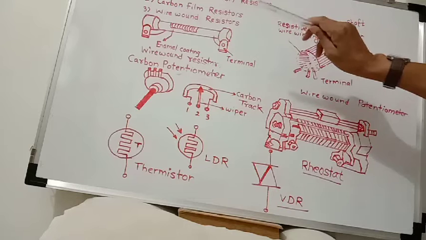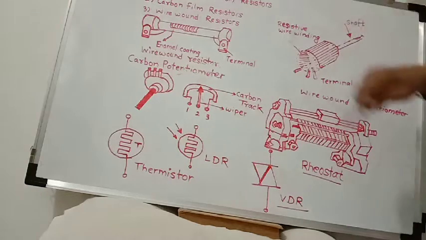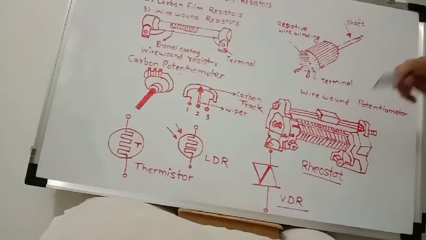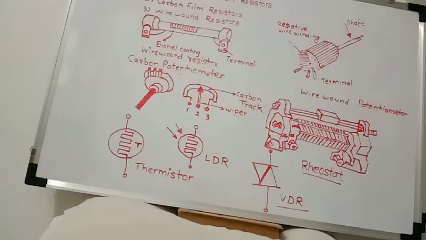That is, by wrapping or winding this special type of resistive wire on the ceramic rod. The ends of the wire are then attached to the metal contacts inserted in the core.